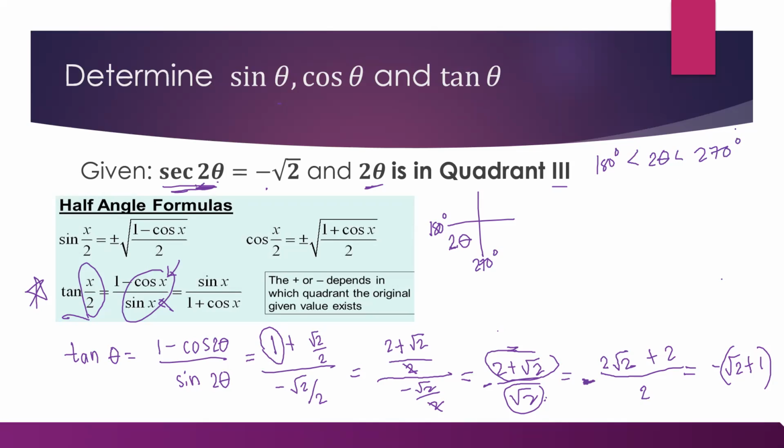Okay? Ayan. Tapos, lalabas nito, if you divide everything by 2, theta is between 90 to 135 degrees. So, 90 to 135, so ibig sabihin, nandito yung theta mo, between 90 and 135, our theta is somewhere here.